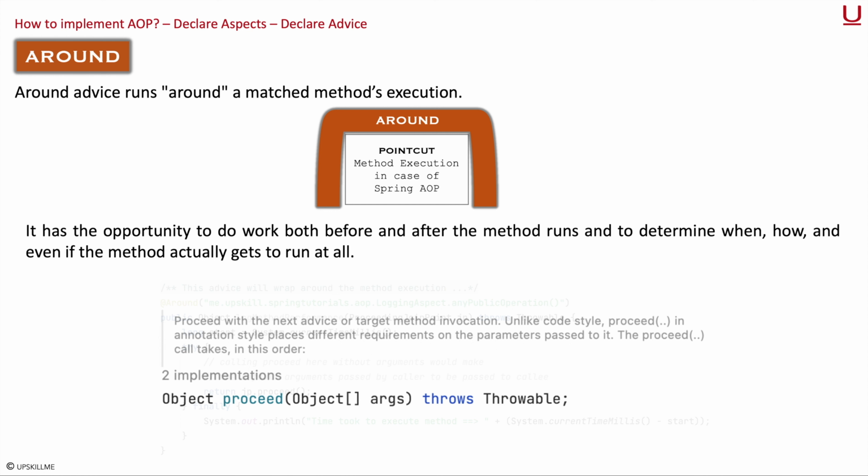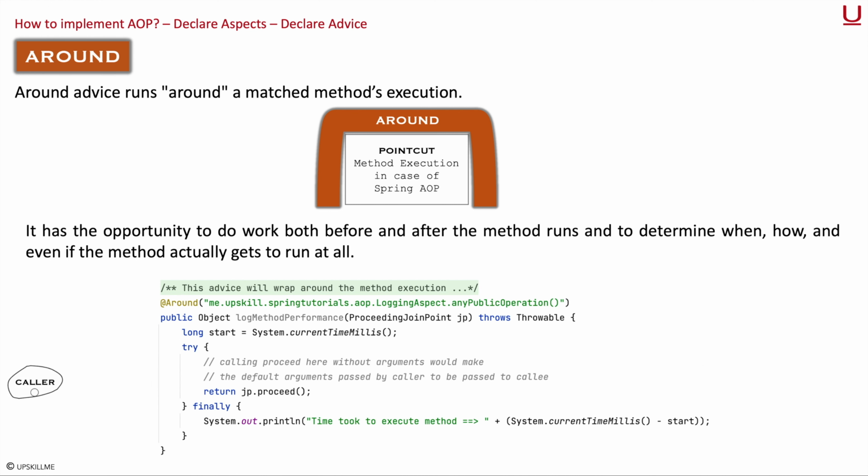The values in the array will be used as the arguments to the underlying method when it is invoked. The value returned by the around advice is the return value seen by the caller of the method. Note that proceed may be invoked once, many times, or not at all within the body of the around advice. All of them are legal.